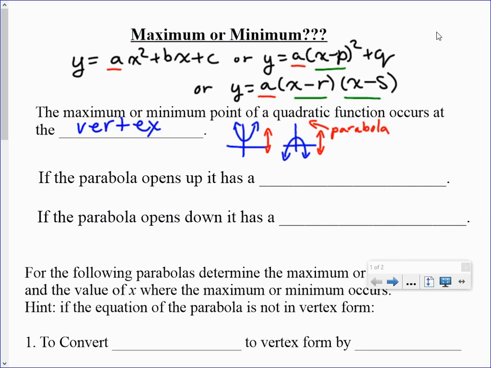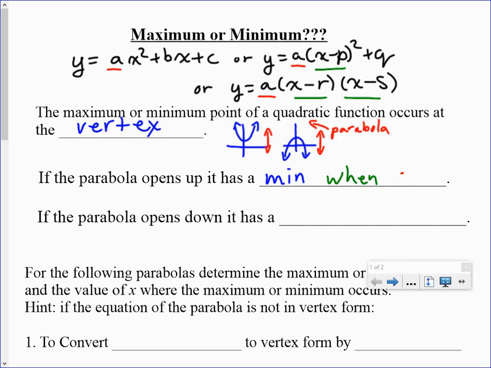Now, here's what you need to know about a parabola that opens up. If a parabola opens up, then it has a minimum. And it has a minimum when the a value is not strictly less than 0. Let's go and correct this mistake I wrote here.